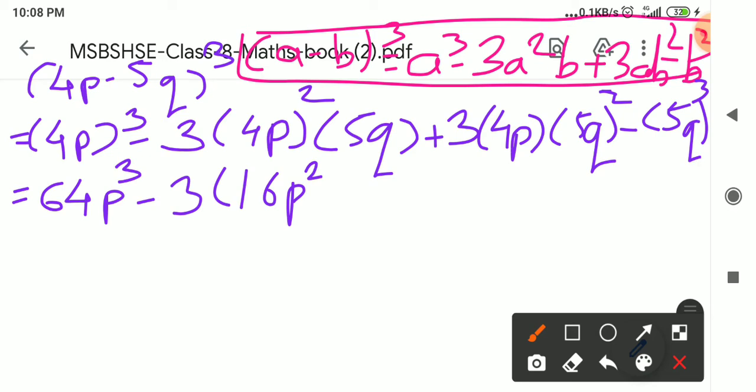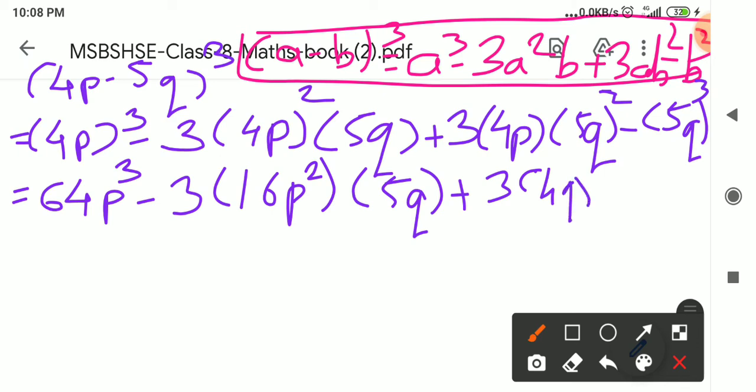And then here, plus 3 into 4p, 12 if we take it, also no problem, but we will solve in the next step only, into 25q square. I will do the multiplication separately because space is not sufficient.